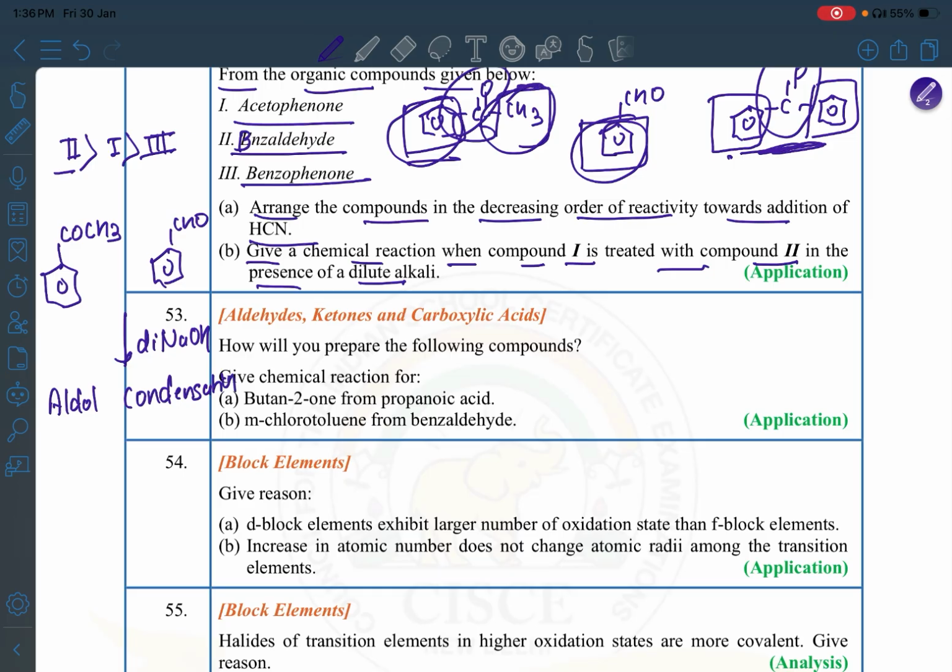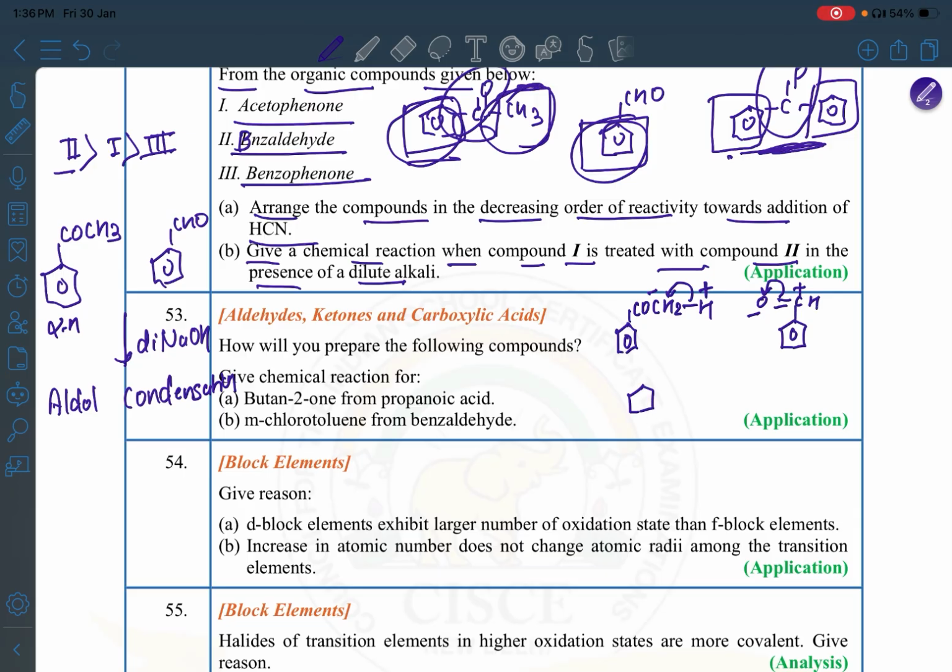Now the first compound I write this way: COCH2H. This is our alpha hydrogen, so it becomes negative and this becomes positive. The presence of alpha hydrogen gives us aldol condensation. The second reactant I write this way: C double bond O and then H. This bond breaks with negative and positive charges.